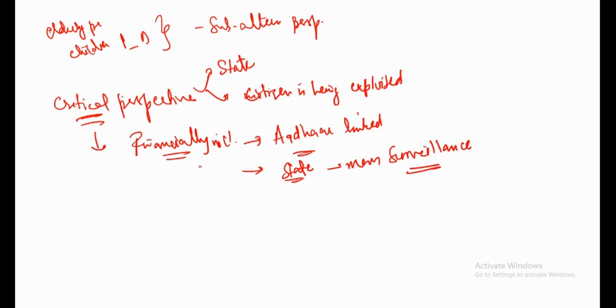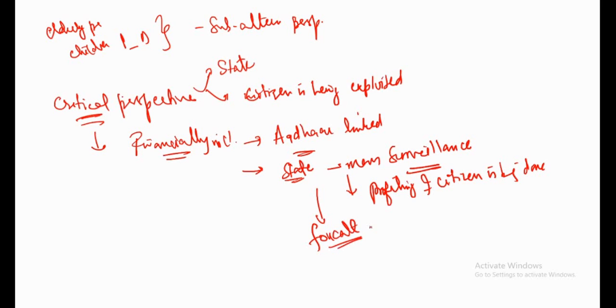When it is doing mass surveillance, it means that profiling of citizens is being done. Ethnic cleansing can be done. Or you can use a term by Foucault. Foucault is a famous sociologist.